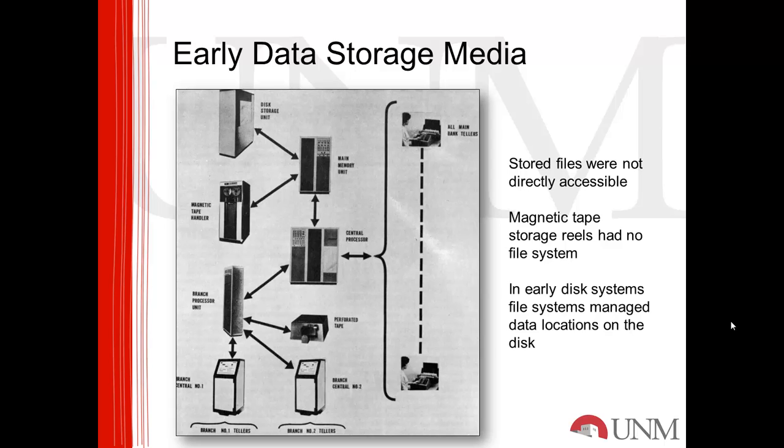So there wasn't a file system that a human operator could look at to be able to retrieve files, and the programs that were run on these computers had to know a lot about where the data that they needed to use was stored, which is quite a bit different from today's application programs.